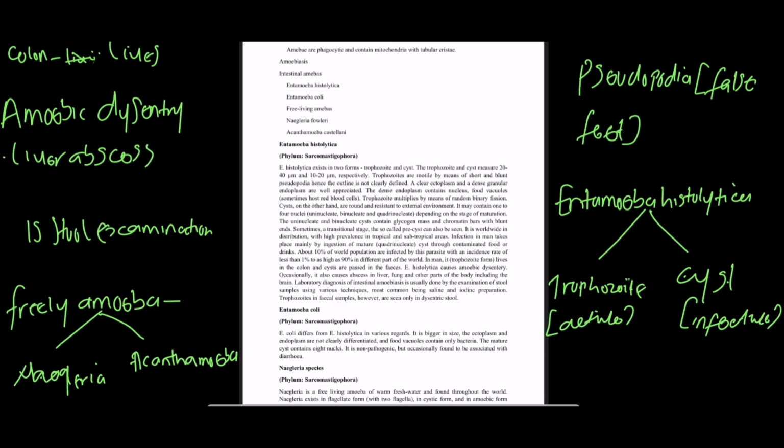The effect of the free living amoeba is fatal, that is, it's severe and life threatening. It can lead to brain infection, for example meningoencephalitis, the inflammation of both the meninges and brain.